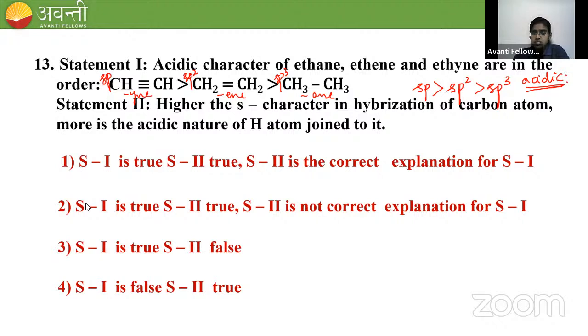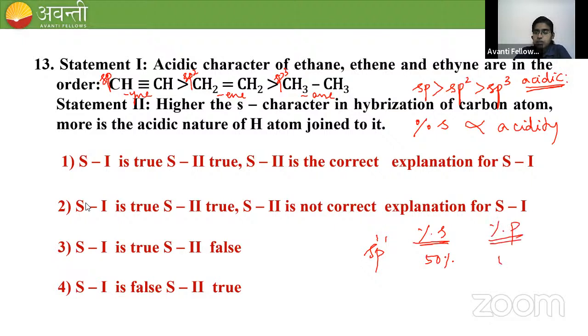Statement 1 is correct. So why are sp hybridized carbon containing compounds more acidic? The reason is the percentage of s character. The percentage of s character is directly proportional to acidity. In case of sp, the percentage of s character is 50%, so s and p are in a 1:1 ratio, 50-50%.